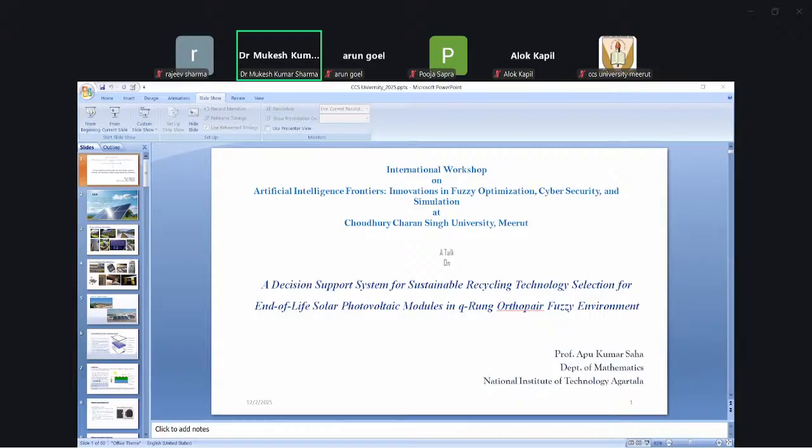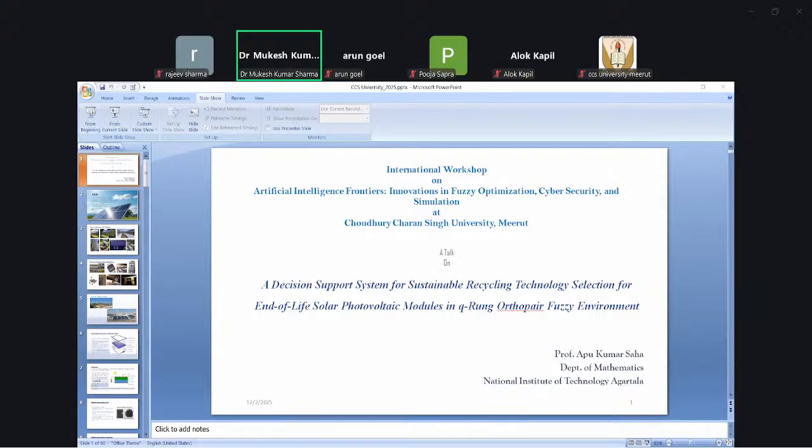So chemical etching is the best process for recycling solar photovoltaic modules, followed by organic solvent and ultrasonic irradiation, with almost no difference between them. These are based on studies using these 12 criteria, 10 alternatives and those 4 experts.